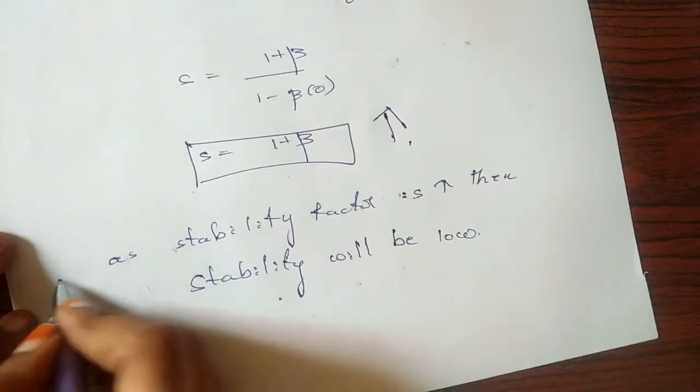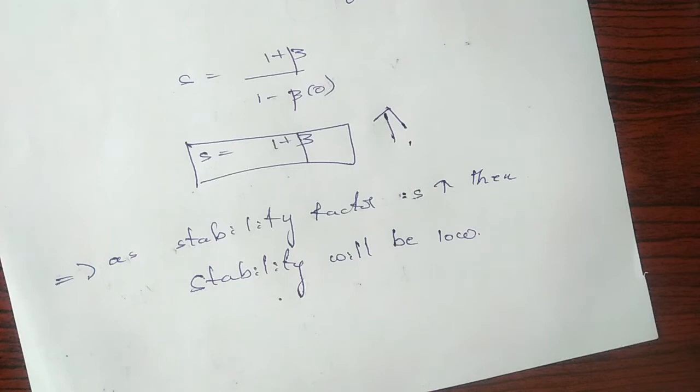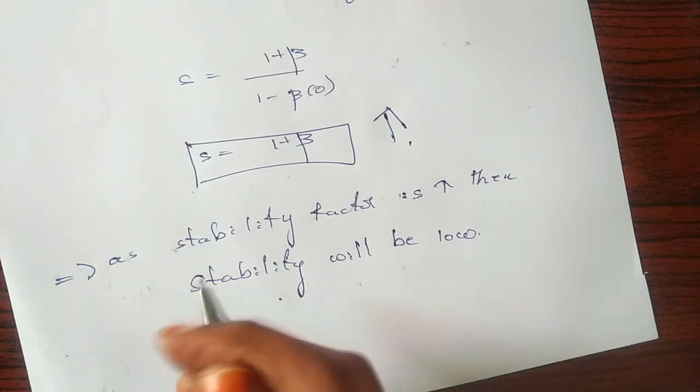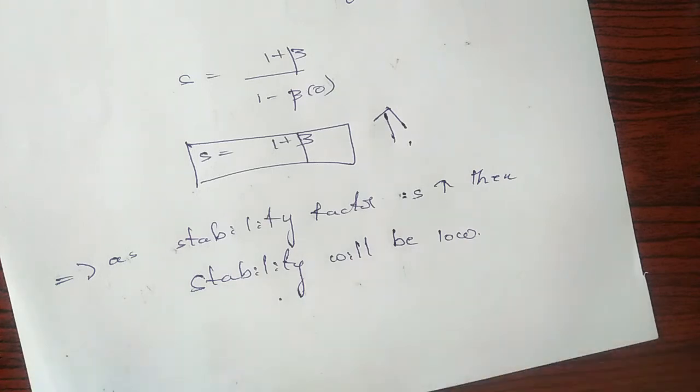So this is the drawback, and we have some more drawbacks: it does not provide stability, and as IB is independent of IC, very poor stability is secured.